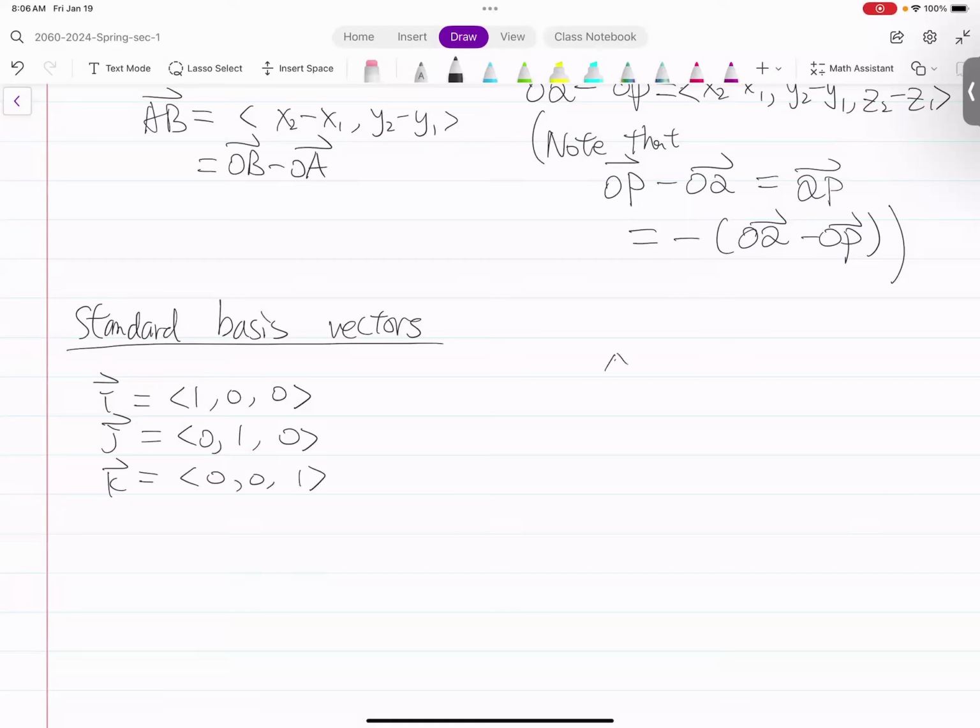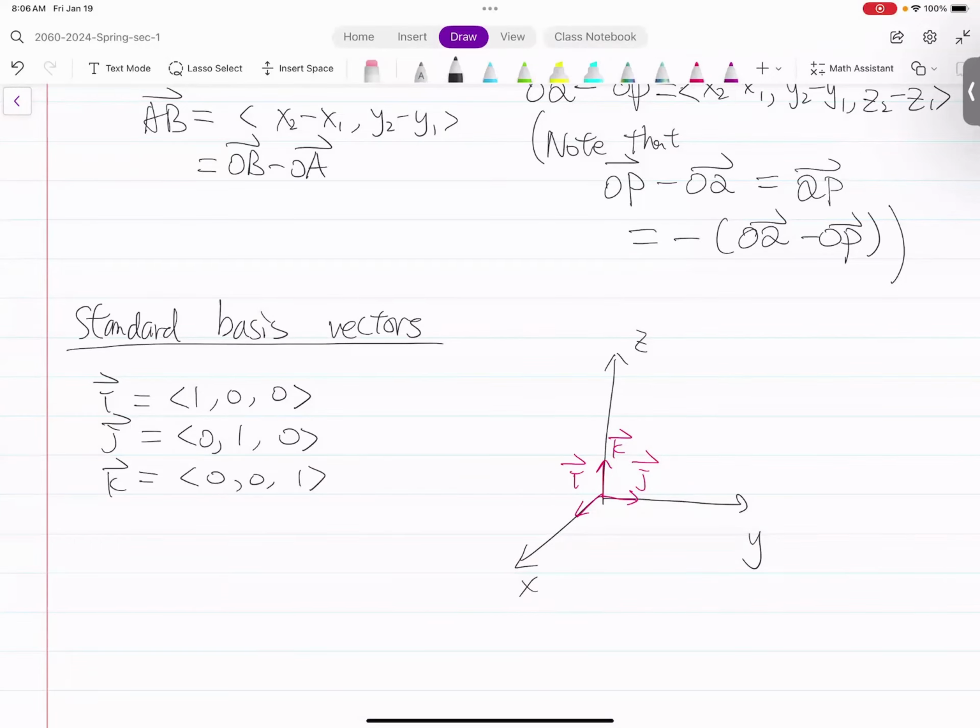If you look at the right-handed coordinate system x, y, z right here, then i is just going 1 unit along the x direction. j is the vector going 1 unit along the y direction, and finally k is just going upwards along the z direction for 1 unit.